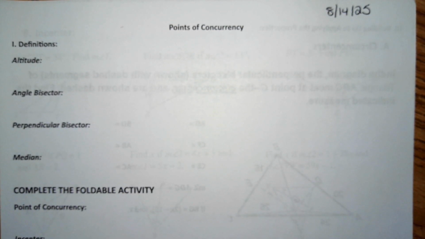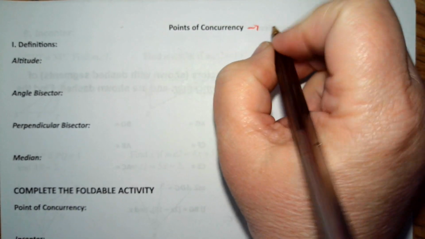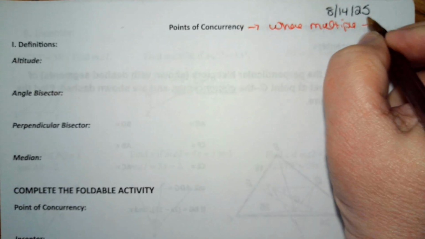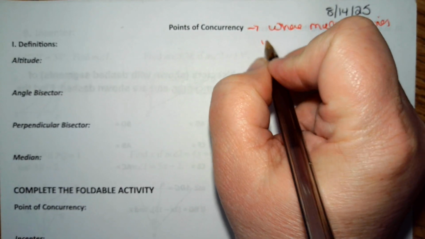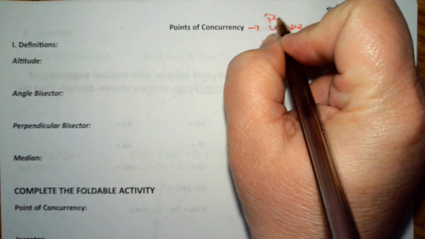So today we're going to look at points of concurrency. Okay, points of concurrency are simply where multiple lines intersect. Should I be more specific?